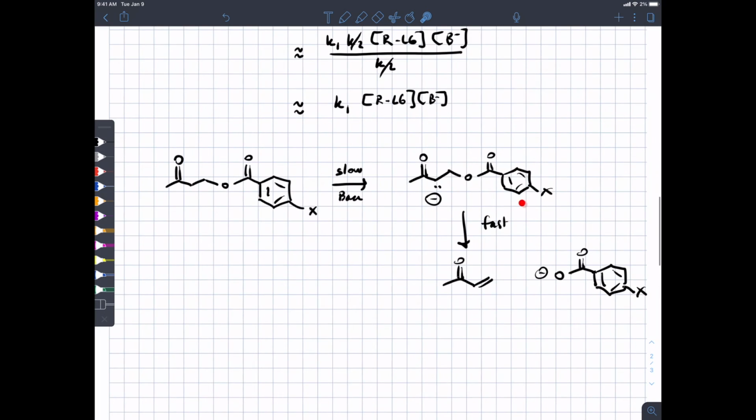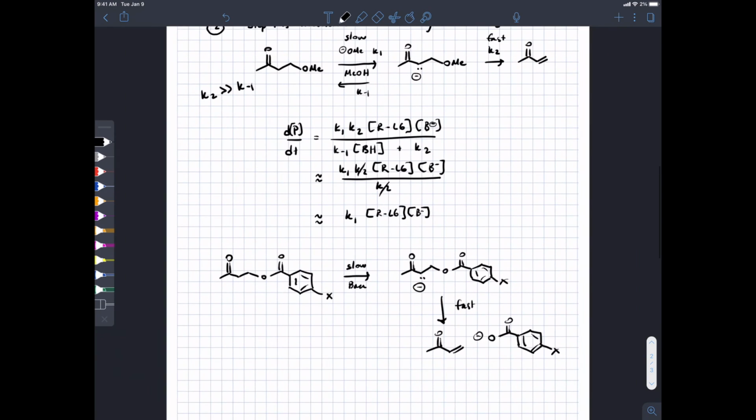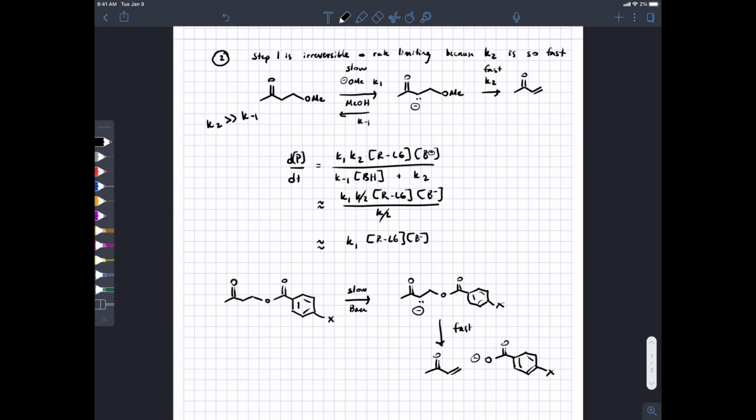If leaving group leaving were the rate determining step, then you would expect groups that stabilize the conjugate base of benzoic acid, groups that stabilize the negative charge on that leaving group, to accelerate the reaction. But in fact, for reactions where step 1 is rate limiting, making the leaving group better doesn't make much of a difference.